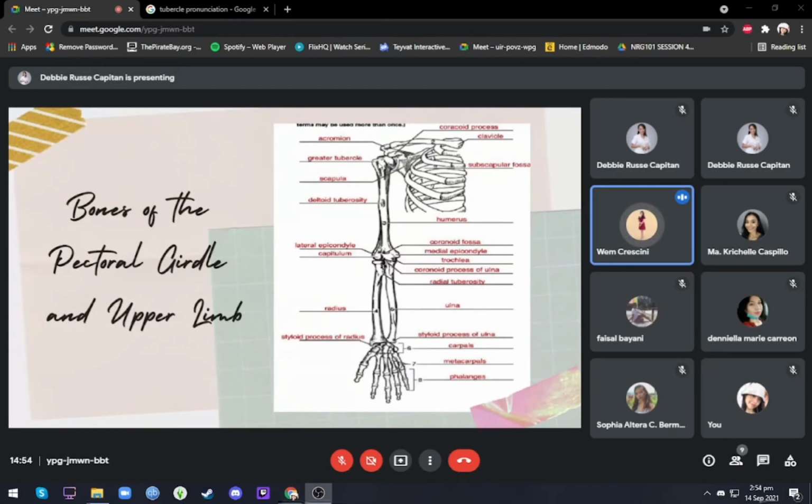We have the bones of the pectoral girdle and the upper limb.